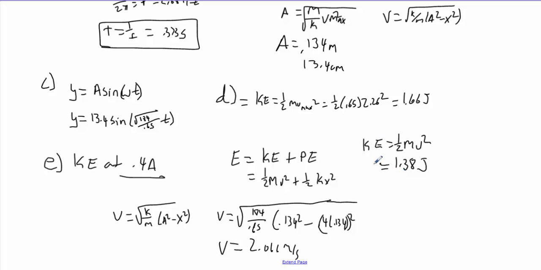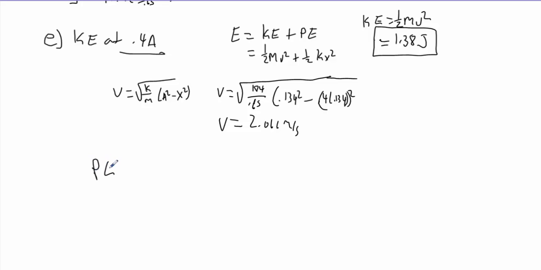Now I can double check that answer, because if I find the potential energy at 0.4A, which I can do, potential energy equals 1/2 k x squared. So at 0.4A, this is 1/2 times 184 times 0.4 times 0.134 quantity squared.